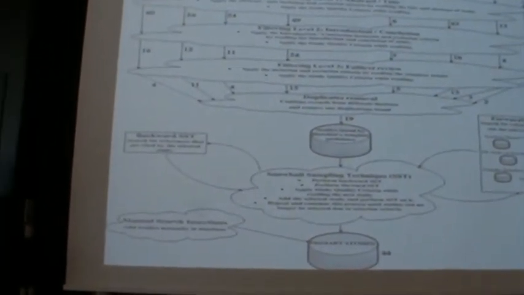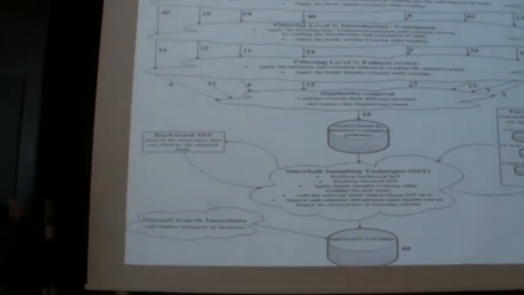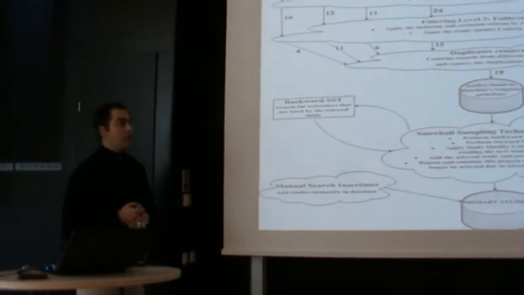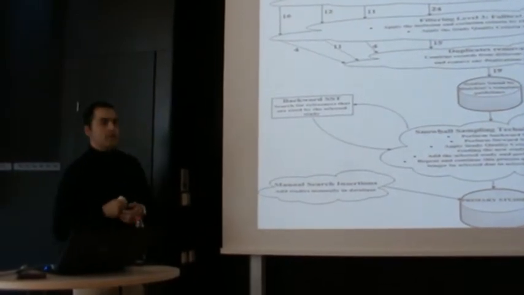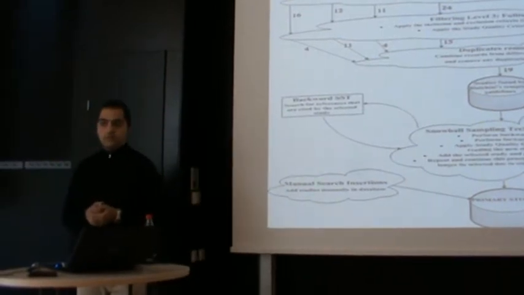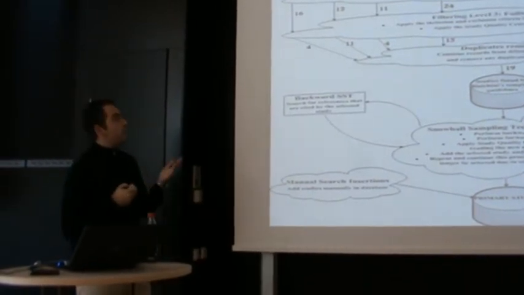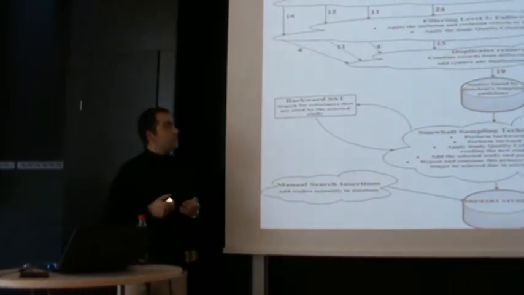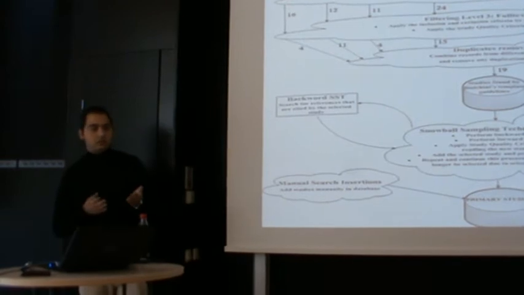For each database's articles, we applied 3 different levels of filtering. The first level of filtering is reading the abstracts and titles. What we found from them goes to the second level of filtering, which is reading the introduction and conclusions.